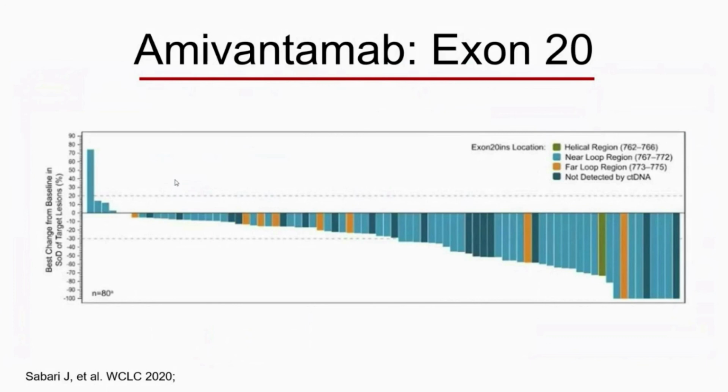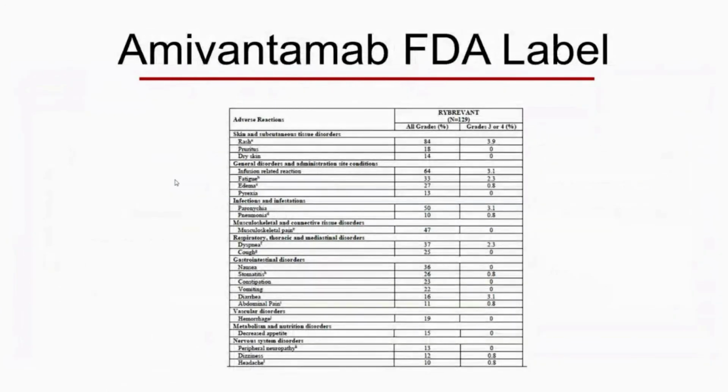And if we go to the next slide, this is taken straight from the FDA label. This is showing the safety profile of this agent. We tend to think about this in specific grades. So the lower the grade, the more mild the side effect, and the higher the grade, the more severe. So grades 3 and 4 are considered severe. And fortunately, we're seeing that there aren't high percentages of grade 3 and 4 side effects.